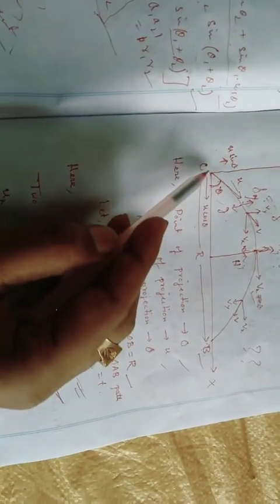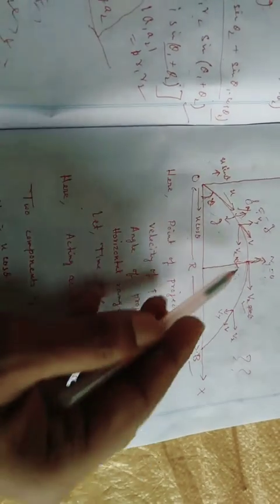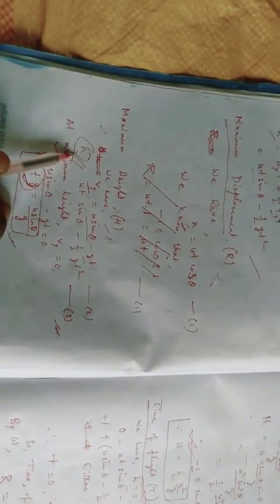Since at the initial point and the final point, the height is equal to 0, I put h equal to 0 to find out the time t.